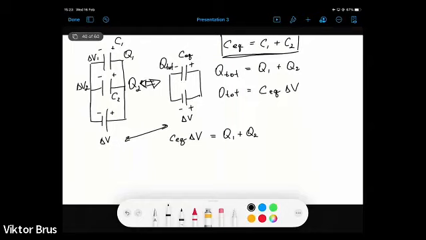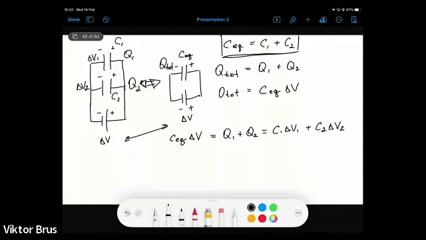So the product of capacitance and potential difference gives us the electric charge accumulated by this capacitor. So following this principle, we can write here C1 times delta V1 plus C2 times delta V2.